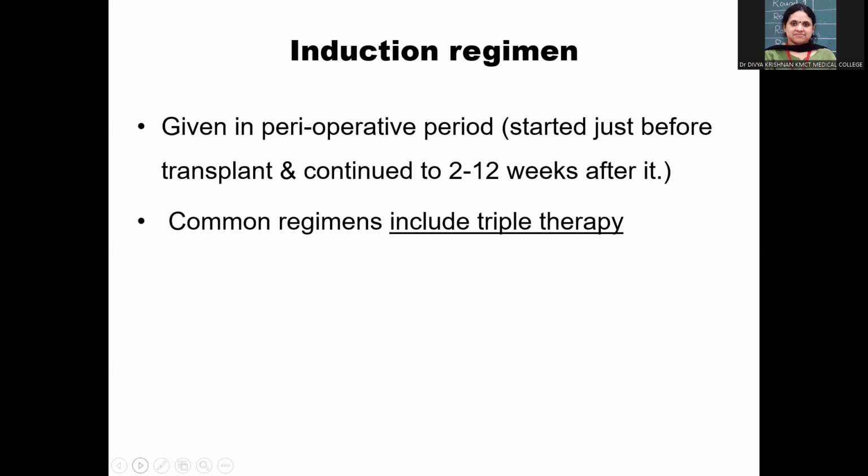So when you're using 3 drugs, we can use them at a comparatively lower dose, and they can attack or inhibit different steps of the immune response. And at the same time, because we're using a lesser dose of each drug, the toxicity because of each drug can also be minimized. That is the rationale or the advantage of using triple therapy.